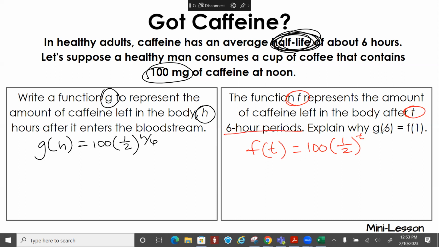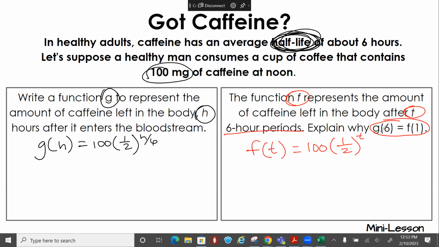So why does g of 6 equal f of 1? What are they asking us to do with this? Well, eventually we're going to multiply, but what do we do with this 6?